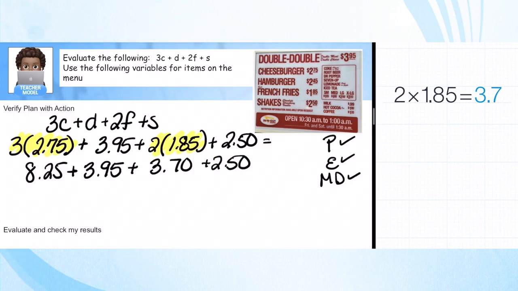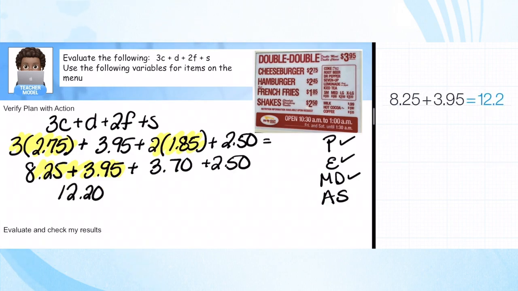So we've taken care of all our multiplying and dividing from left to right. So we're ready to add or subtract. We're going to do our first two numbers over here. $8.25 plus $3.95, and we have $12.20.